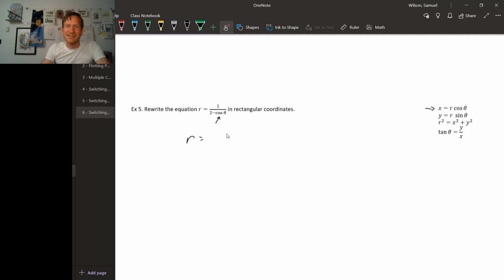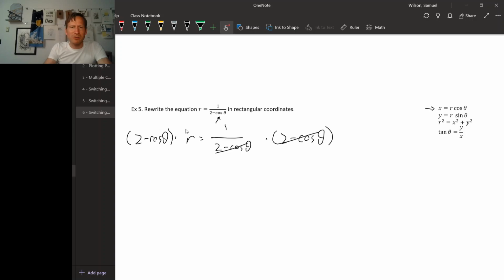So let's take this equation, r equals 1 over 2 minus cosine theta. Let's multiply both sides by 2 minus cosine theta, just to clear the denominator on the right-hand side, so these simplify away. While we're at it, let's distribute this r. So we get 2r minus r cosine theta equals 1.